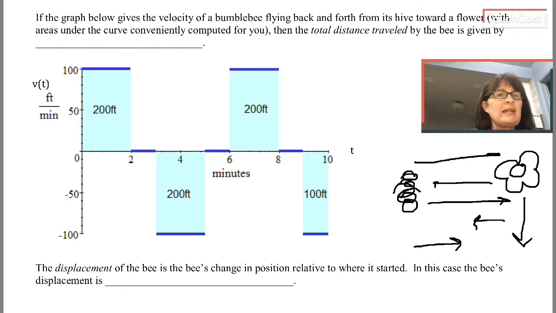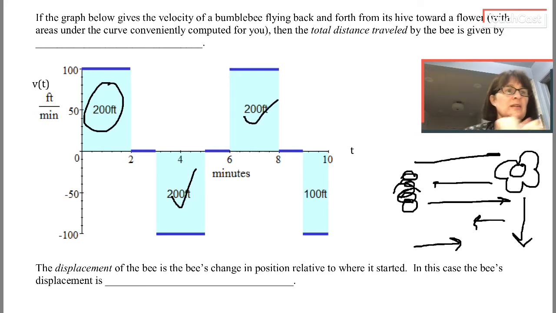And one way to compute that is to think of this 200 feet as positive toward the direction of the flower from its starting point, the hive. This next 200 feet is negative. It just gets us back to where we started. This 200 is positive toward the flower, and this 100 at the end, negative.